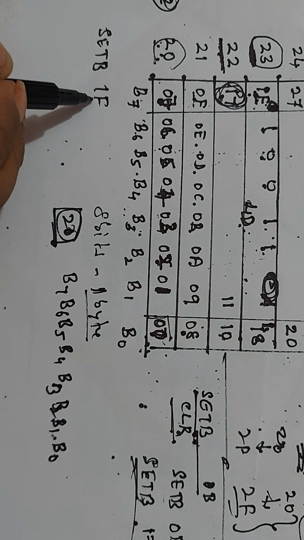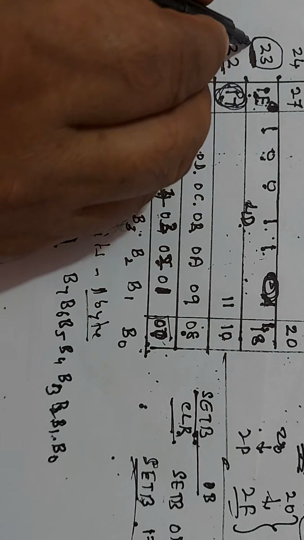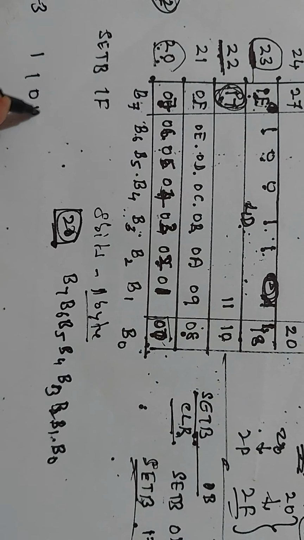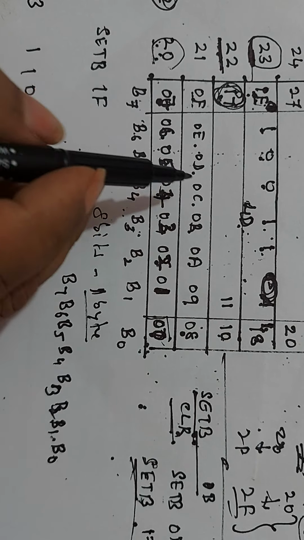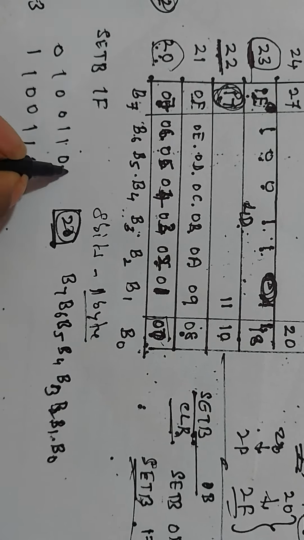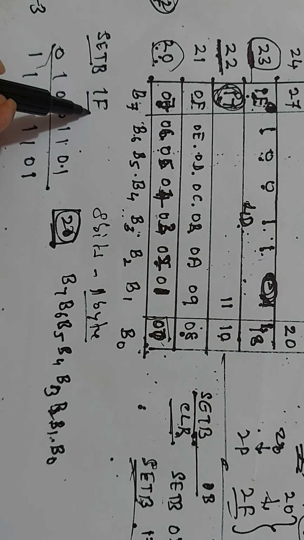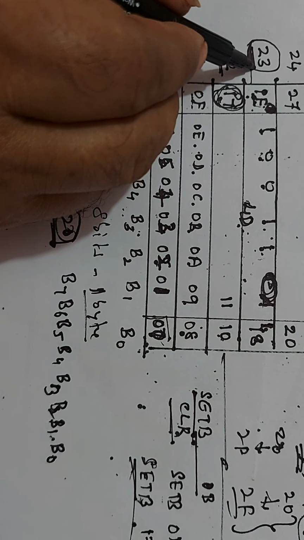Set bit means it makes this 0 into 1. Therefore, now 23 contains 1, 1, 0, 0, 1, 1, 0, 1. Previously it was 0, 1, 0, 0, 1, 1, 0, 1.